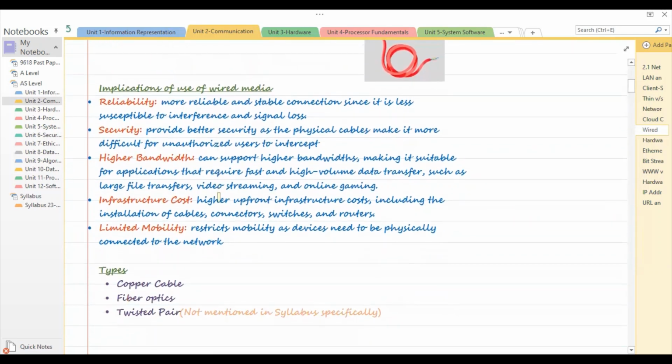So implications of use of wired media: more reliable and stable connection, right? Better security, as physical devices make it more difficult for unauthorized users to intercept. Higher bandwidth than wireless medium. It supports higher bandwidth.